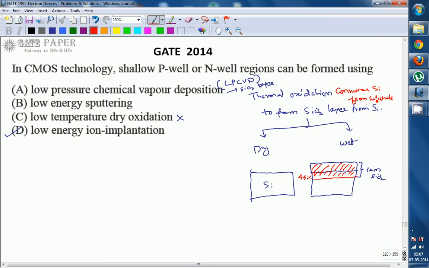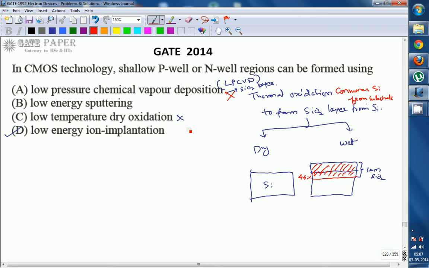So the silicon substrate may not be available for reaction, or there may be some metallization on the wafer that can't withstand high temperatures. In such cases, chemical vapor deposition is a necessary alternative. So chemical vapor deposition also gives an SiO2 layer, and hence low pressure chemical vapor deposition is the wrong option.